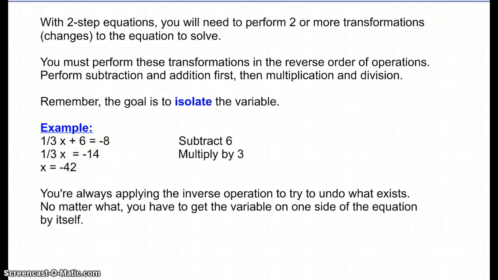Remember, the equation always has to stay in balance, so what you do to one side has to be done to the other side. X then is equal to -42. So you're always applying the inverse operations to try to undo what is there. No matter what, you have to get the variable on one side of the equation all by itself.